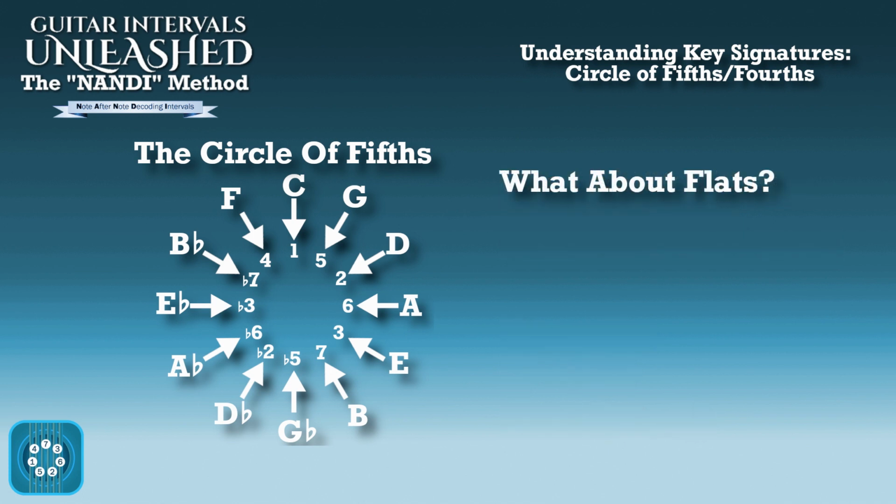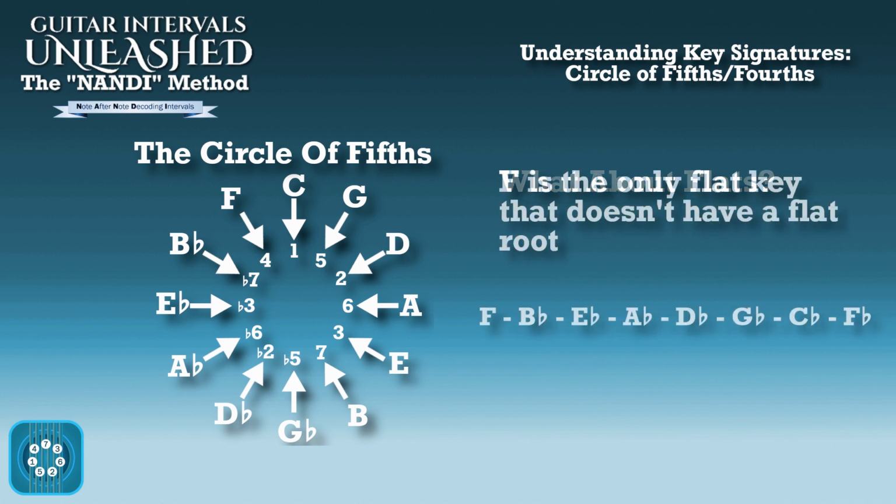But what about finding flats? Well, it's important to know that F is the only key with flats that doesn't have a flat in the root. In other words, for every other key with flats, the root is a flat.